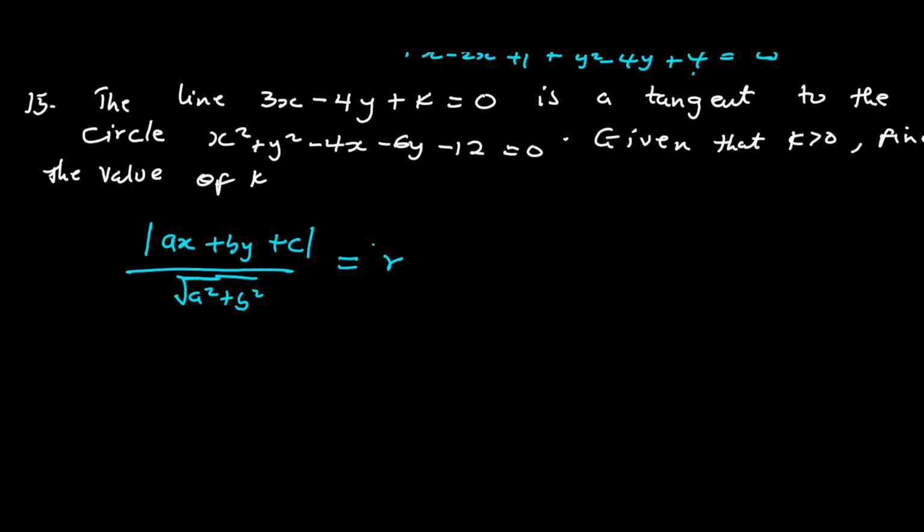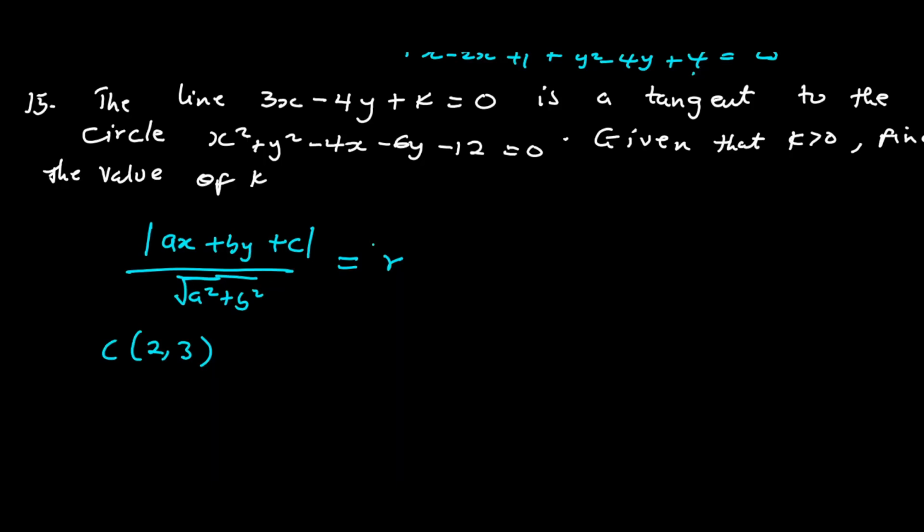Now we substitute whatever we have here, and we find the center of the circle so that we use it in place of x and y. So let's find the center first. The center of the circle will be, negative 2 gives us 2, and here 3. So our center is (2, 3).